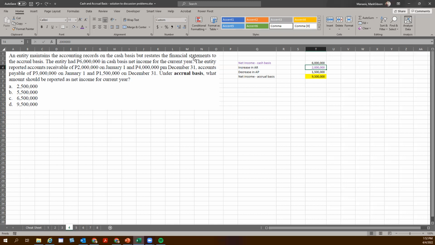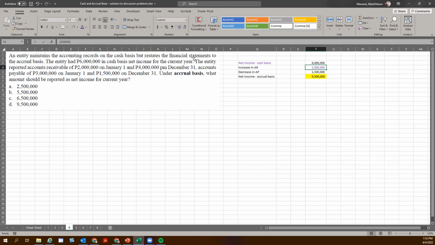No? So let's go to the accounts payable naman. So in our accounts payable, we have 3 million beginning and then 1.5 million ending. No? So in this case, of course, no, when we settle, that's already included as part of your cash basis net income. No?